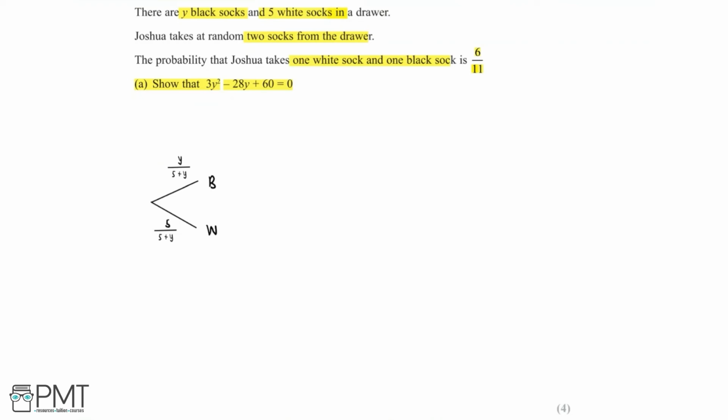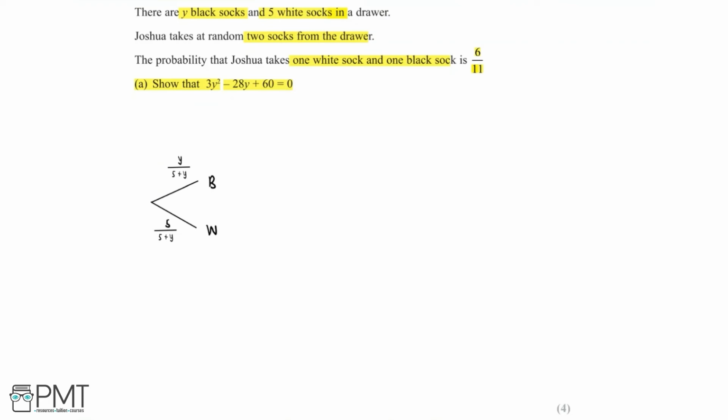Now we're told that Joshua takes 2 socks from the drawer, which means our tree diagram isn't quite finished. Let's imagine that Joshua takes a black sock from the drawer. Now that he has taken a sock, the number of socks in the drawer decreases by 1, and so the new total number of socks will be 5 plus y, take away 1, which is the same as 4 plus y.